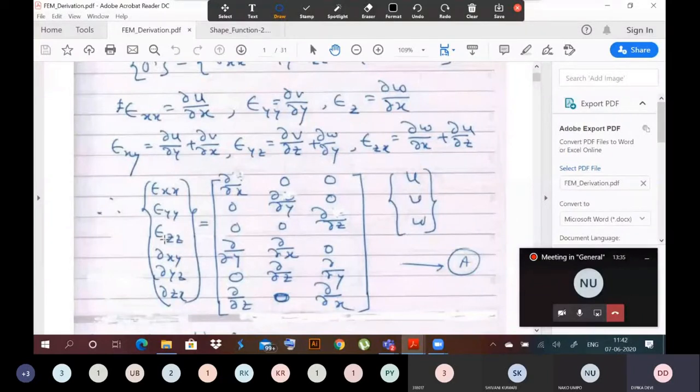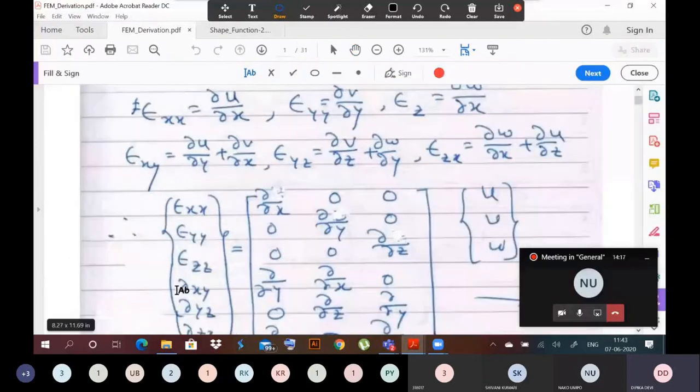So there is a mistake here. This delta xy I have written, it must be epsilon. Please correct it. This is epsilon xy, this is epsilon yz, this is epsilon zx.